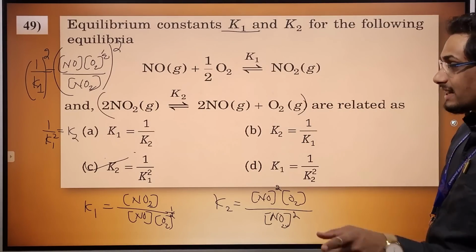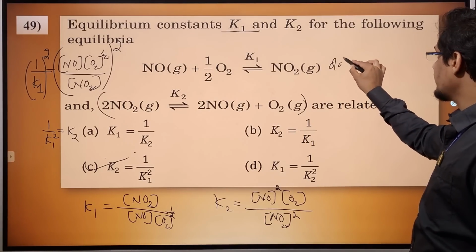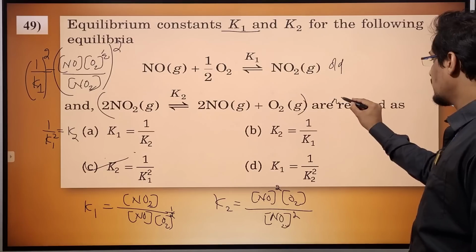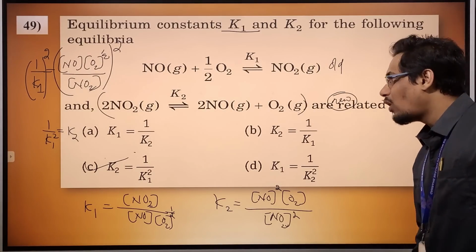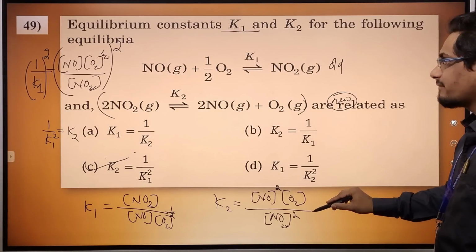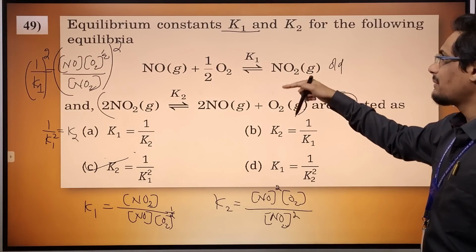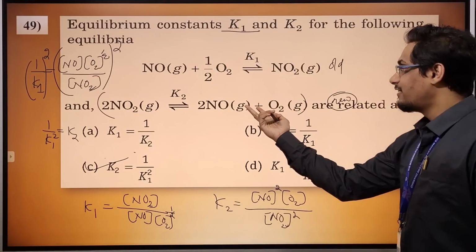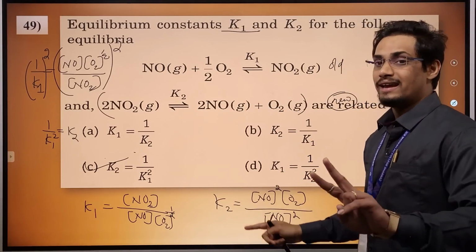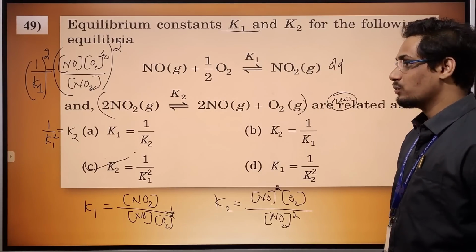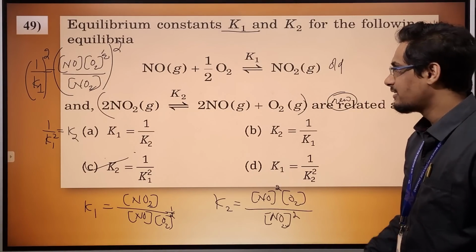What is the shortcut we can go for? This is the old equation and this is the new equation, right? Multiplying by what number will I get the old equation? First I should reverse it, right? Here there is NO, here there is 2NO, so I should divide it by 2. So multiply it by half.